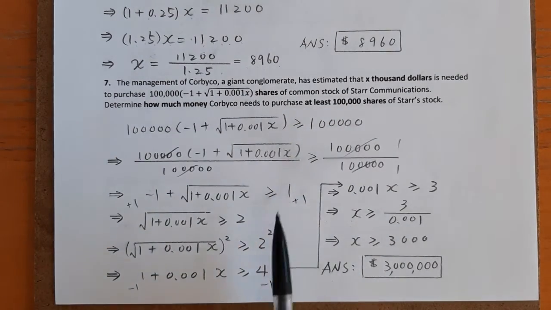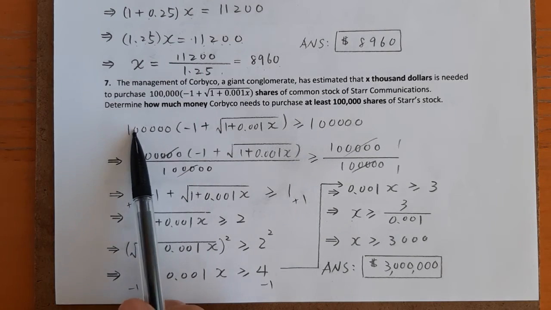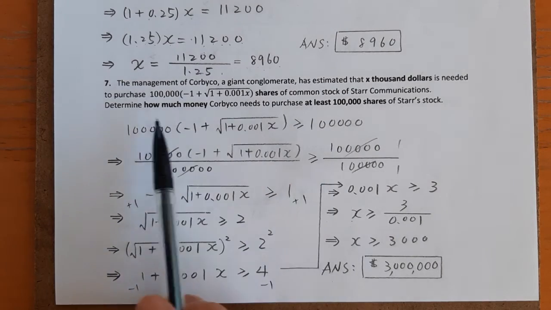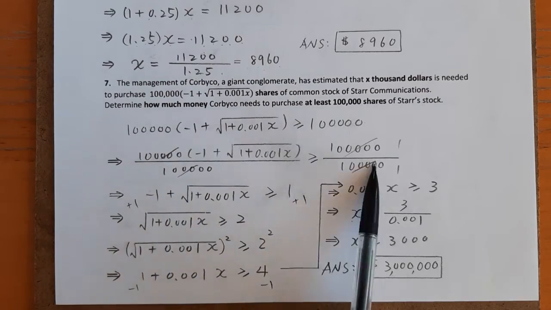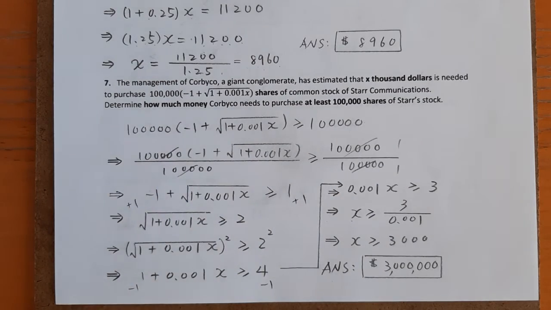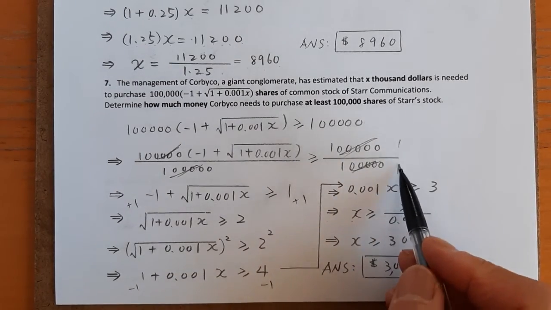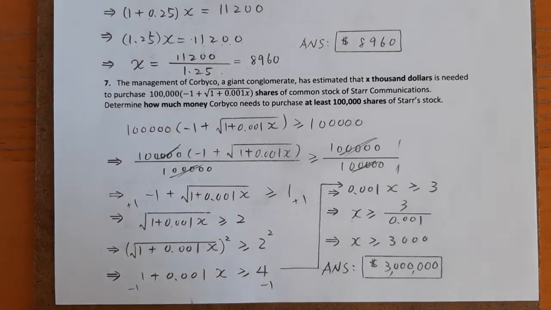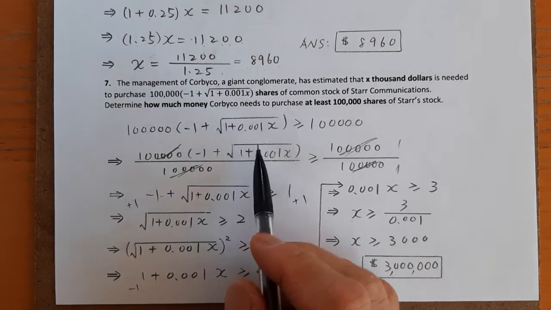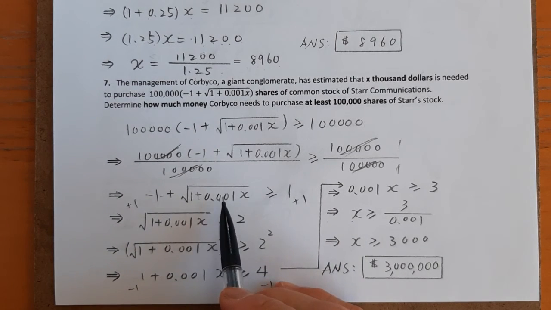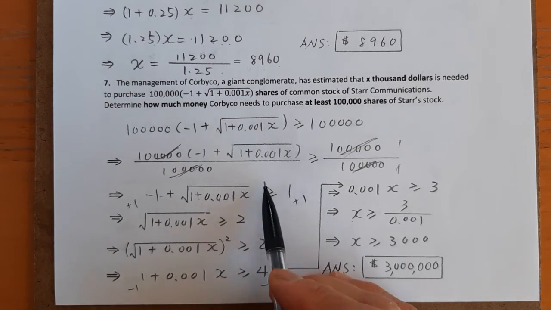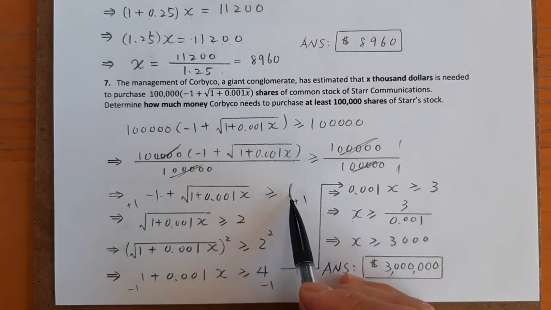Now solve this. Because both sides have 100,000, both sides are divided by 100,000 and cancel, and we get 1. So we remain with -1 plus the square root of 1 plus 0.001x greater than or equal to 1.